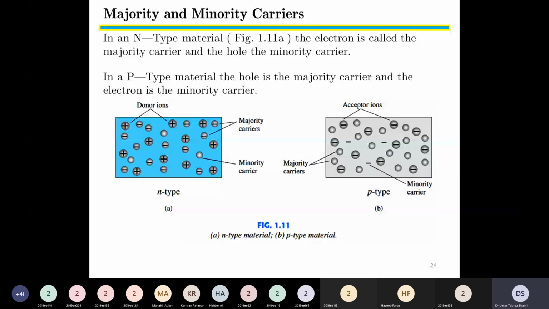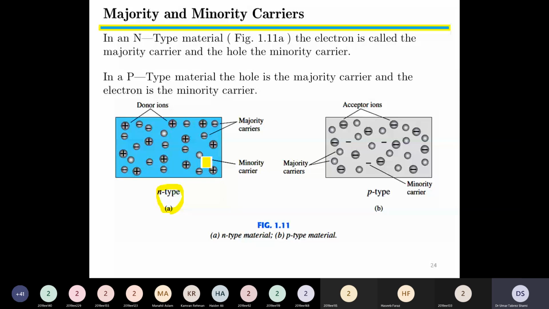So in this diagram, figure 1.11, we see two cases. First, the case of n-type material: the electrons are in majority, and we have the holes, the vacancies of electrons, in minority.